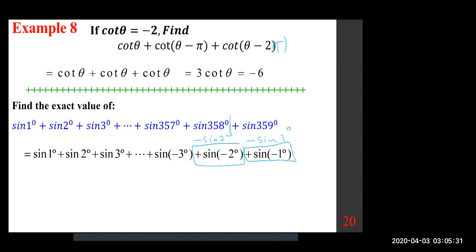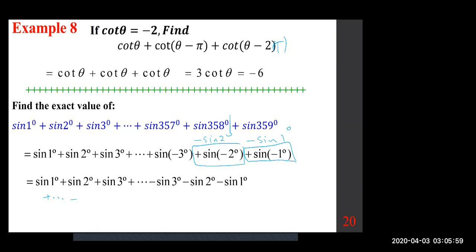On the positive side, I want to show that to you. On the positive side, let's rewrite this now, of course, in this fashion. On the positive side, we're going to start from 1 and go all the way to 179. Let me write a few in between because I want to make a point.